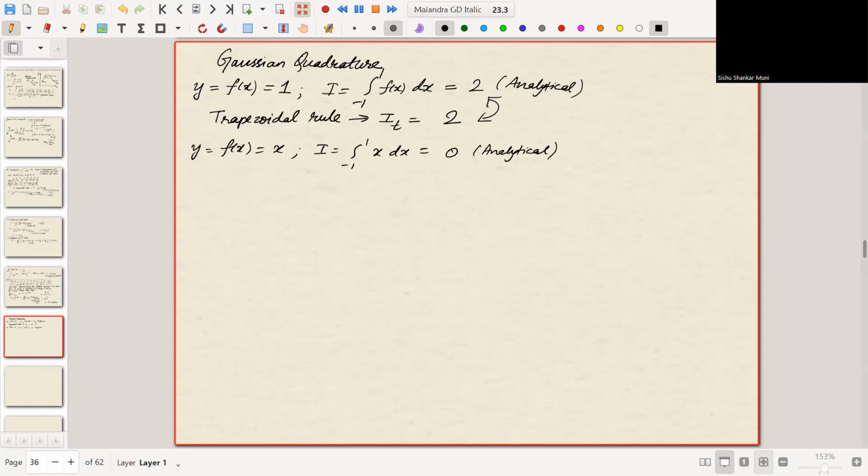See, the integral of x dx is equal to x square by 2. The limits are from -1 to 1. For -1, x square by 2 and for 1, x square by 2 have the same value, and you're taking the difference. So it is 0.